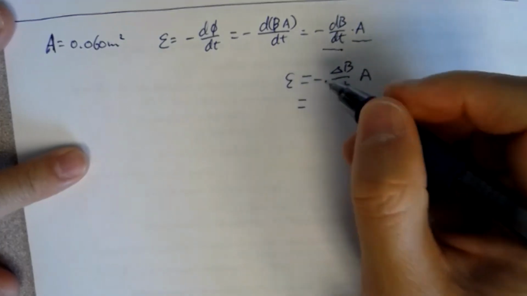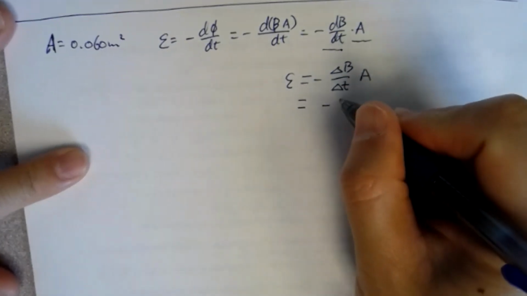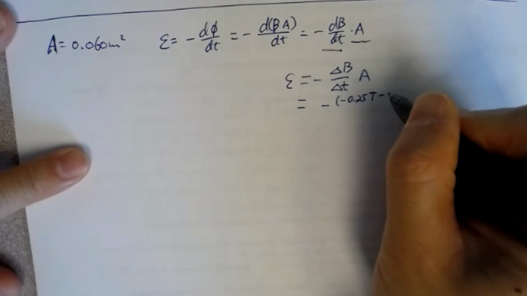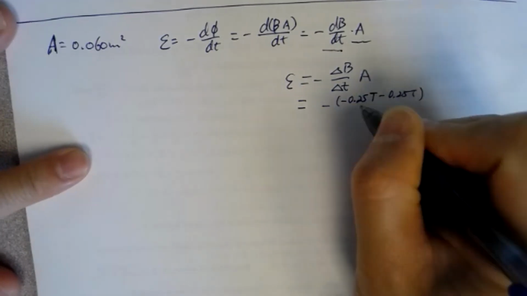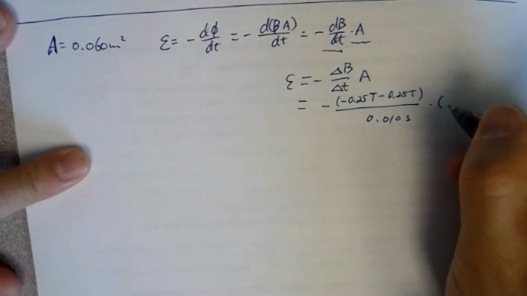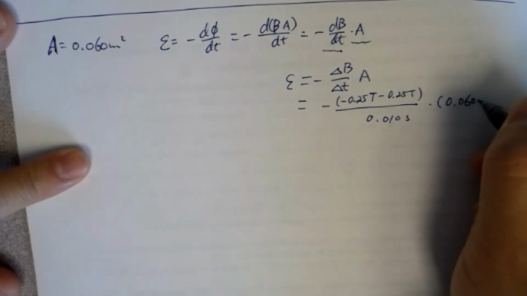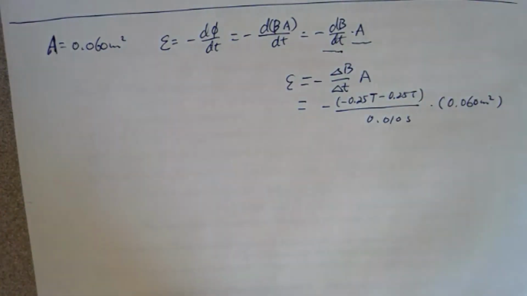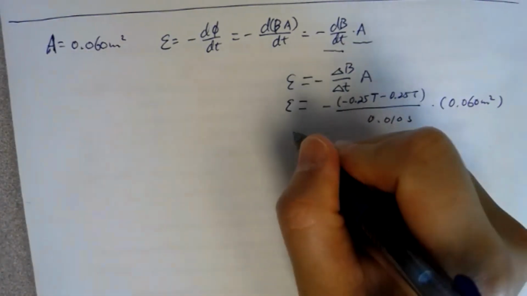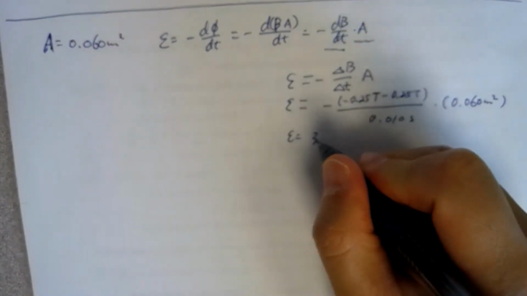Epsilon is equal to minus of dB, that's the final minus the initial, so minus 0.25 minus 0.25, divided by 0.01 second, and then times the area, 0.060 meters squared. That gives you 3.0 volts. So that's your EMF.